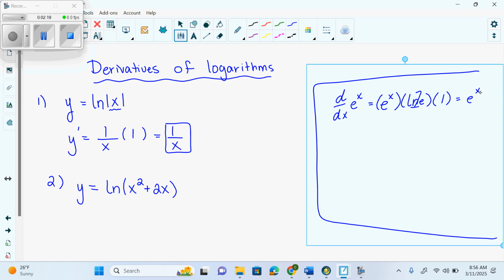When it wasn't an e, we had like d over dx, let's say, of 4 to the x squared. Still numerical base to variable exponent, correct? Still follow the same rule. Rewrite it. Ln the base. Derivative of the exponent. The ln didn't go away this time, correct?